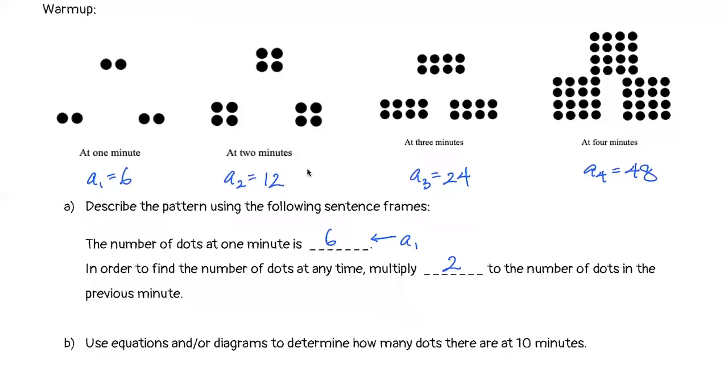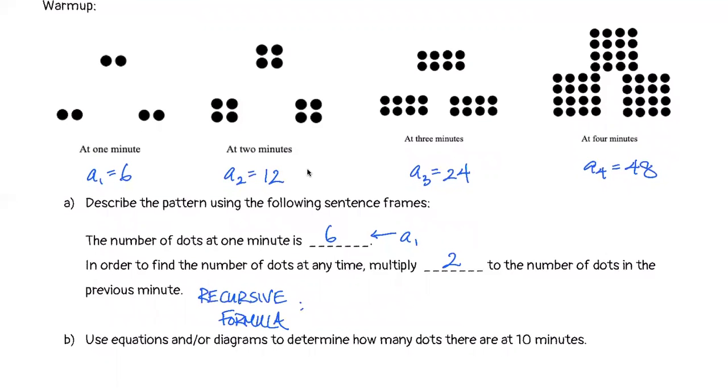Well, what we have here is actually the start of our information we would need for a recursive formula. Okay? So if we were to write a recursive formula here, remember, that's the one that's not quite so useful, but is easy to write an equation for. We would say we want to start at 6. That's the first part of it.